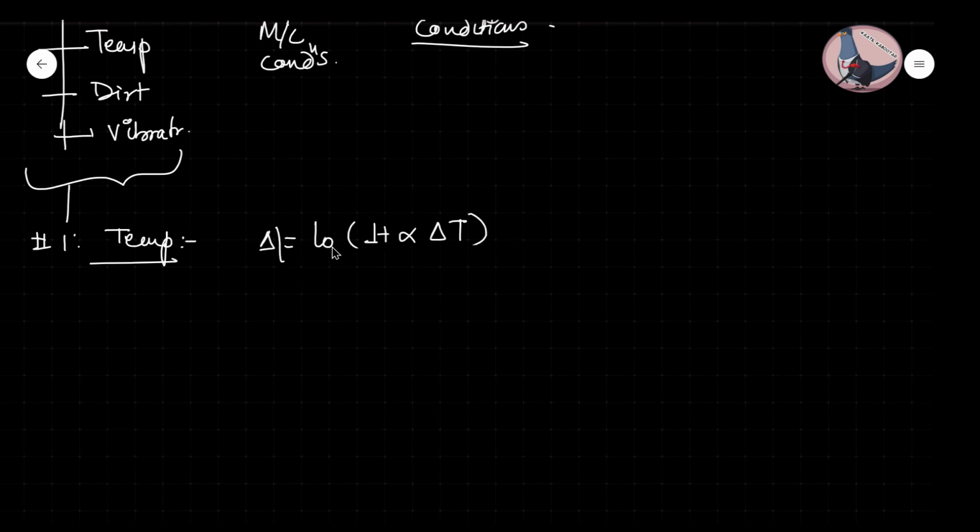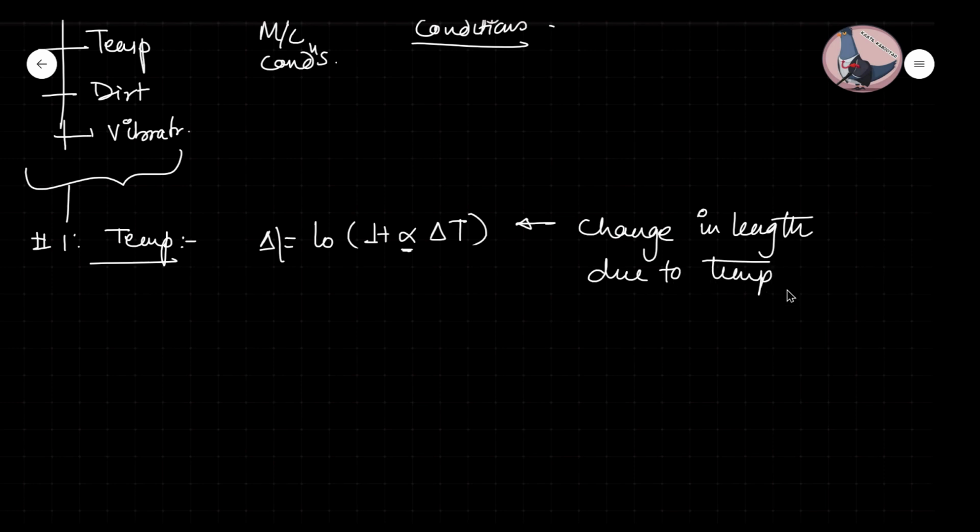Change in length is equal to L naught, the initial length, times (1 plus alpha delta T), where alpha is the thermal expansion coefficient and delta T is the temperature change. So this is your change in length due to temperature. If your measurements are done at different temperatures, the entire scale or the entire CMM structure will expand, or it will have different changes in length, and you can understand that the repeatability of your measurement will not be there.